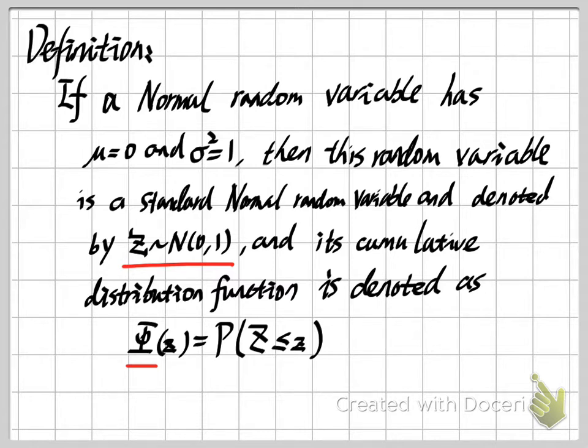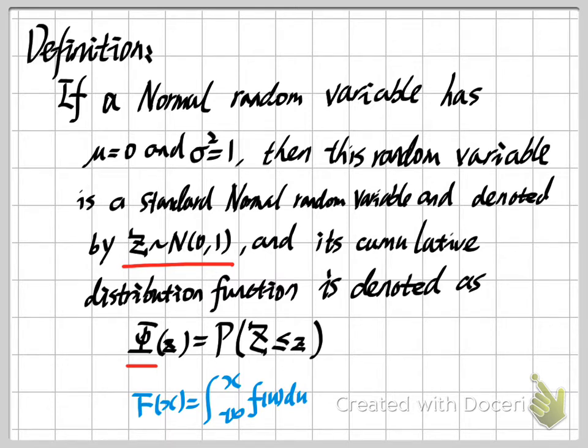Of course, in my video for the normal random variable, I already said the CDF is defined as the integral from negative infinity to x of our PDF with respect to du, right? This is the definition of our CDF.